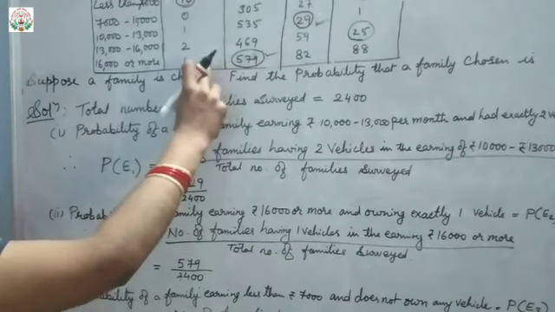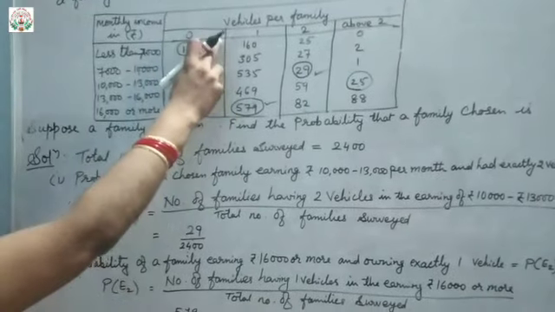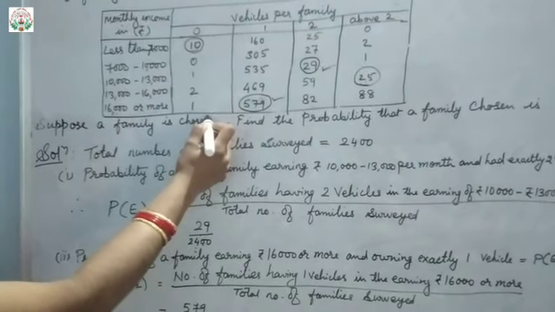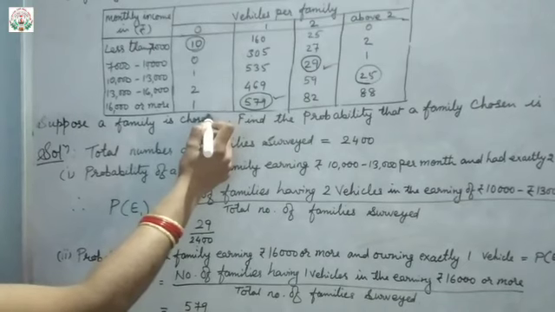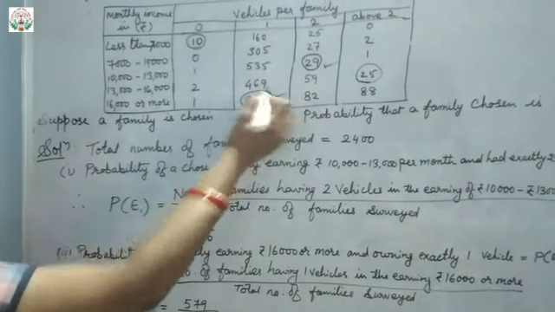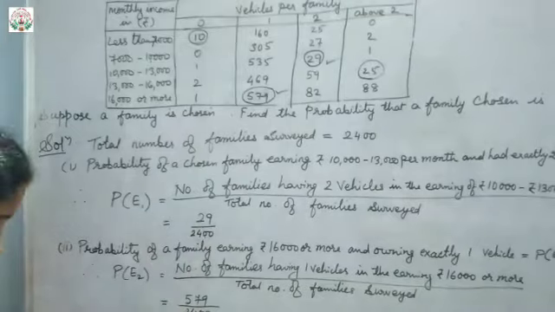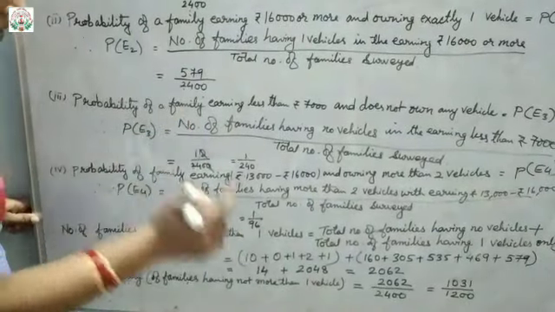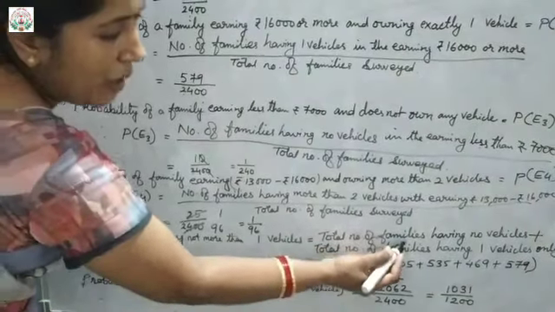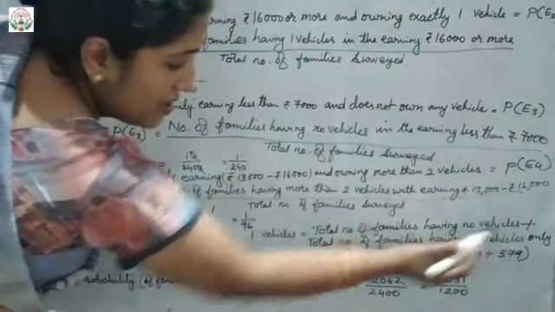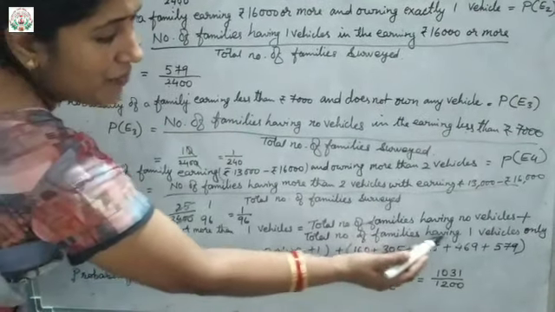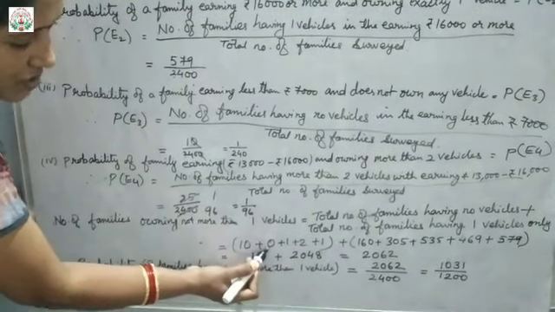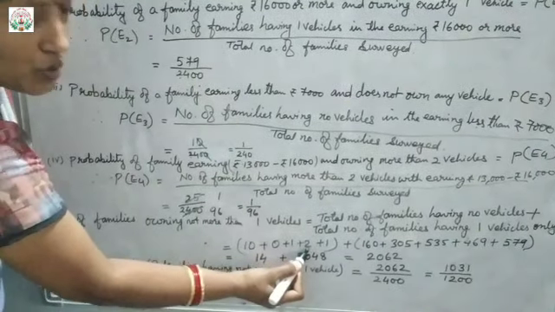The number of families having 0 vehicles, all this data, 10, 0, 1, 2 and 1, will be added up, because those families have no vehicles, and those with exactly one vehicle. If these two are added, I will get the number of families owning not more than one vehicle.